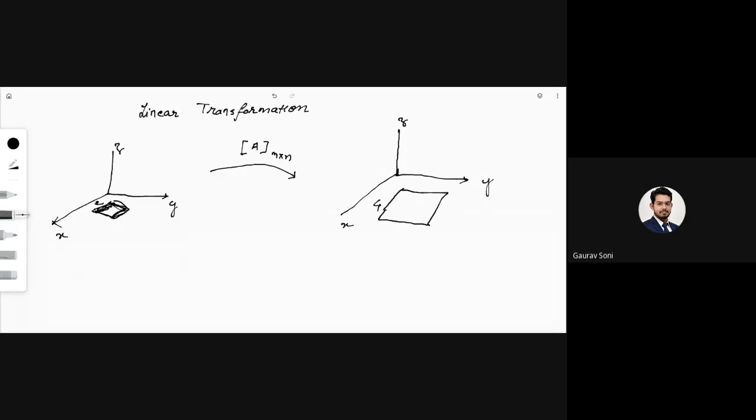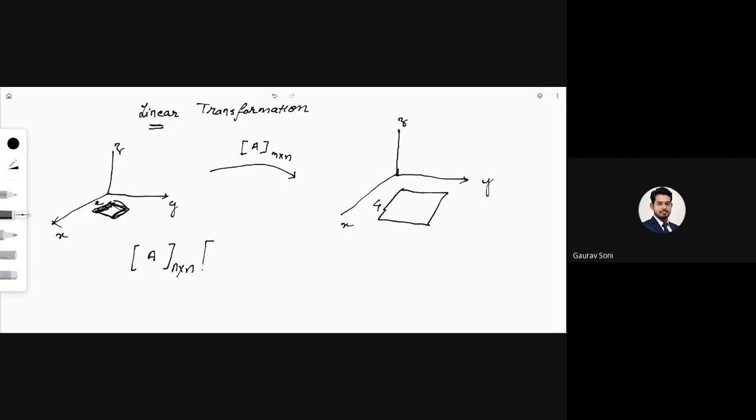And what I mean by linear is that the transformation is linear, which means that the line is preserved. If it is a line, it will go to a line. And since I am applying a matrix, what it will look like is matrix A, n by n, multiplied to a vector.